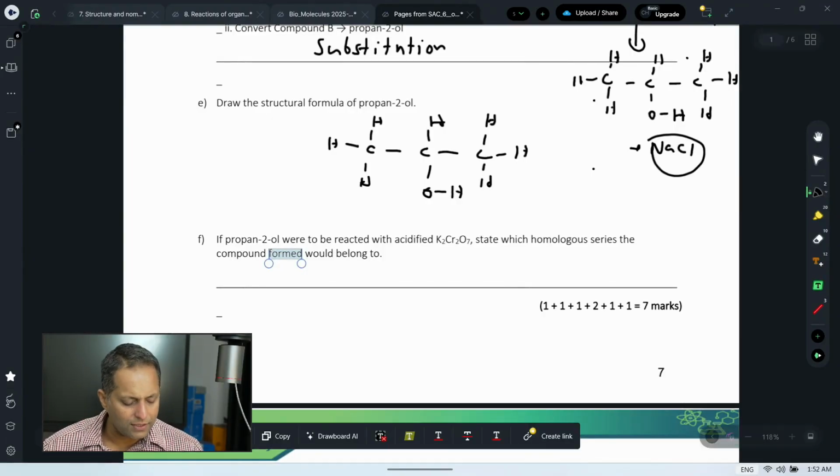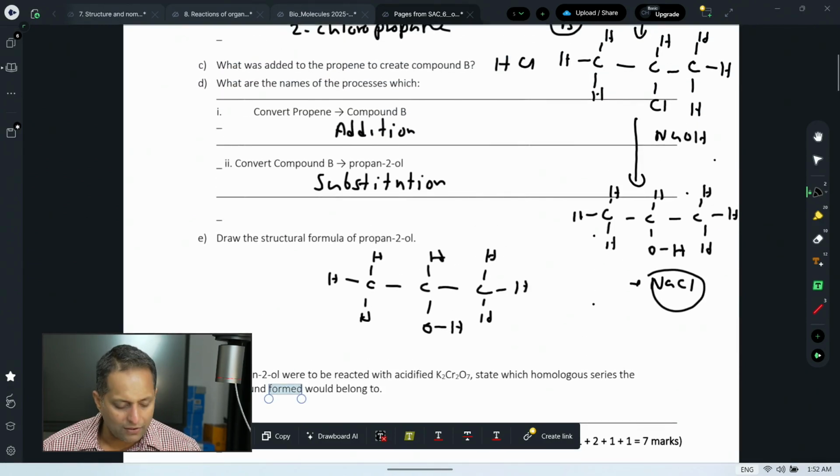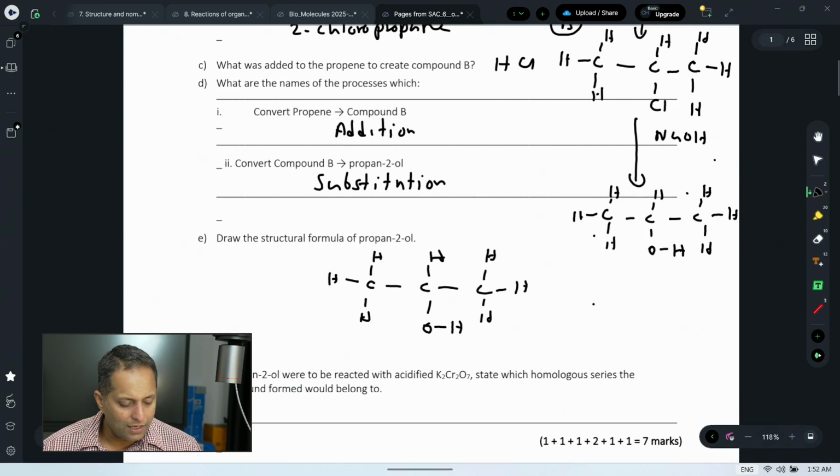Okay. Now, going back to propan-2-ol, what type of alcohol is that? Primary, secondary, tertiary? This cannot be a tertiary. It says that it's going to get oxidized, so it should be either primary or secondary. Then how do we know which one is which? Look at this carbon, the carbon the hydroxyl group is attached to.